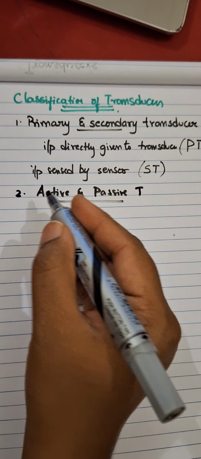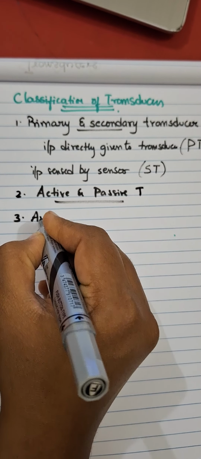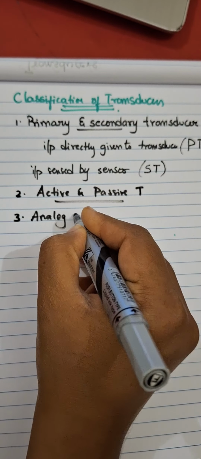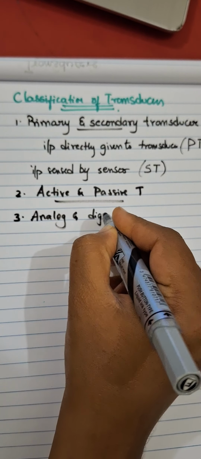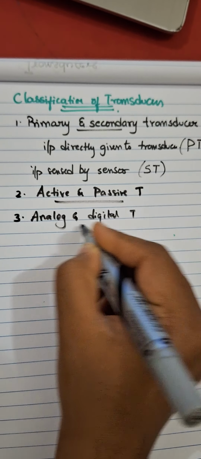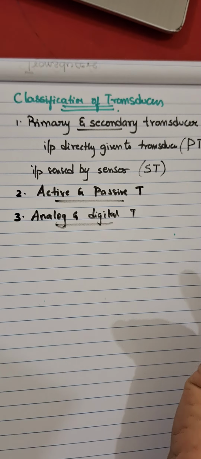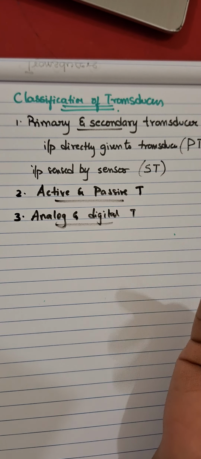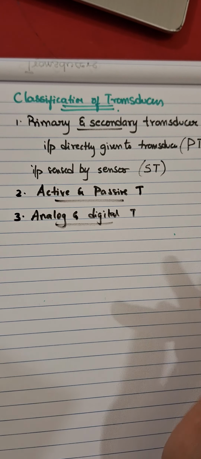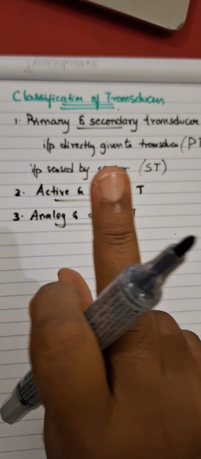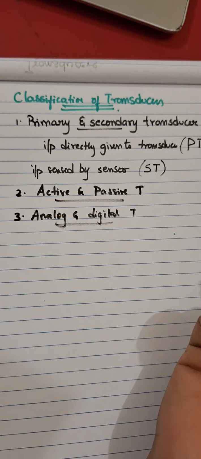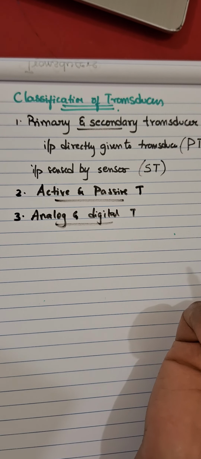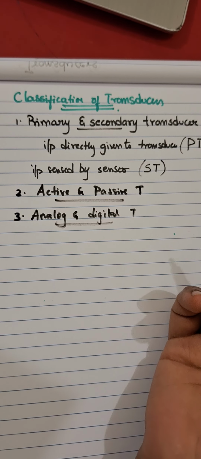Then we have analog and digital transducers. Depending on the nature, if they display the output directly, showing it over some range, such as thermistors and strain gauges, those are called analog.